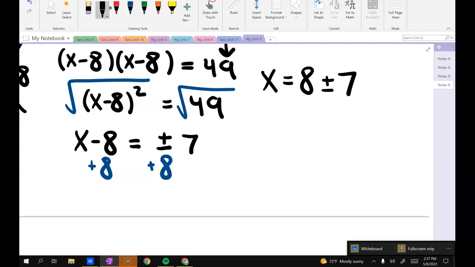What that plus or minus means, a lot of people overcomplicate it. It means one time to figure out for x, you're going to do 8 plus 7. Then you'll do it another time, but instead you'll do 8 minus 7.